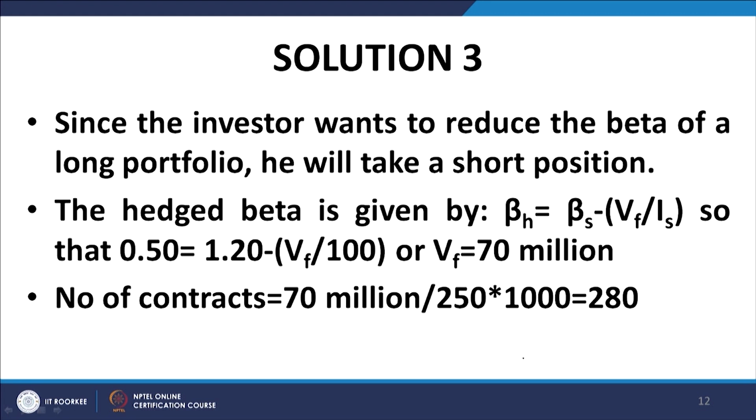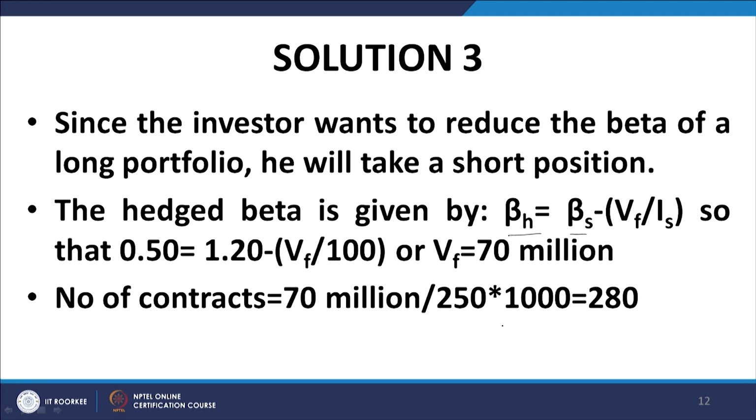So, that 0.50, which is the new beta that we want, is equal to 1.20, the old beta, the spot beta, the cash beta, minus Vf. Vf is what we have to find out, the value that we have to take in the futures market divided by 100 million, which is our exposure in the spot market. Vf works out to 70 million.